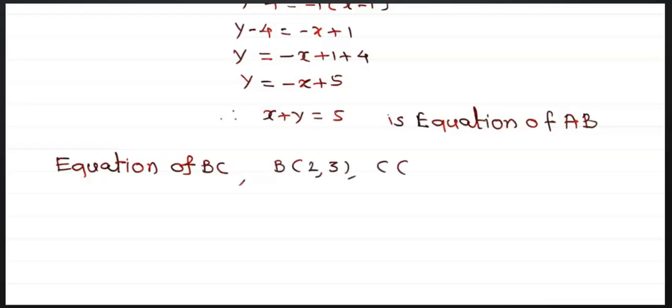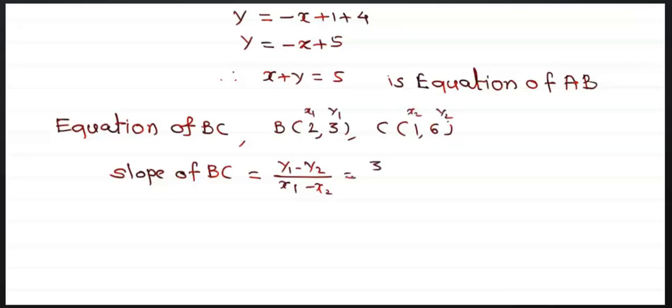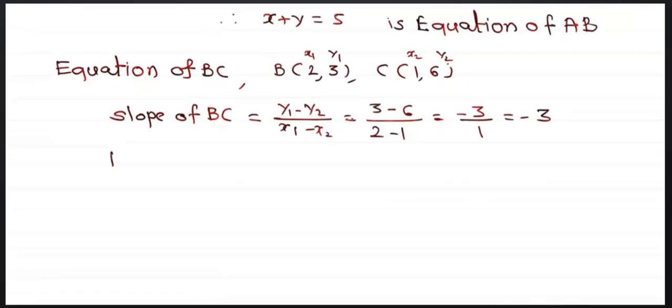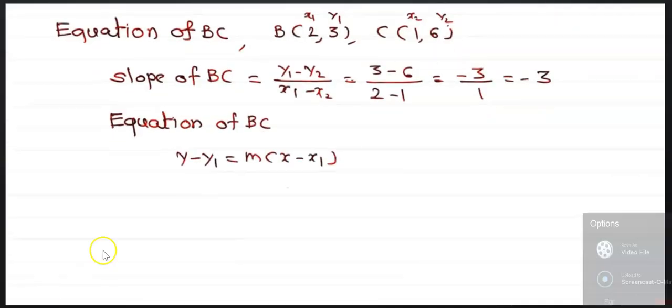Equation of BC, where B is (2, 3) and C is (1, 6). Slope of BC, y1 minus y2 upon x1 minus x2. I will find out the slope of BC, that is equal to minus 3. Now the equation of BC, we can pass through any point. This is the slope point form.